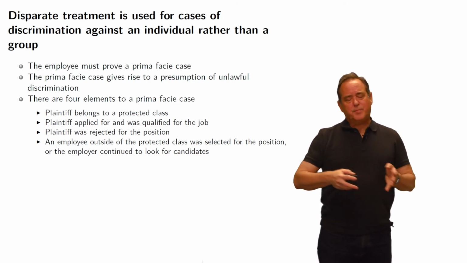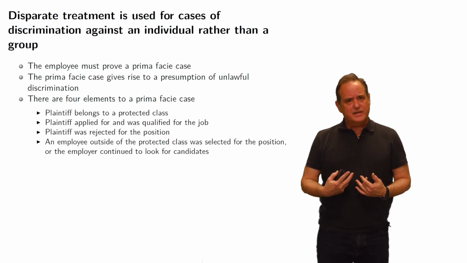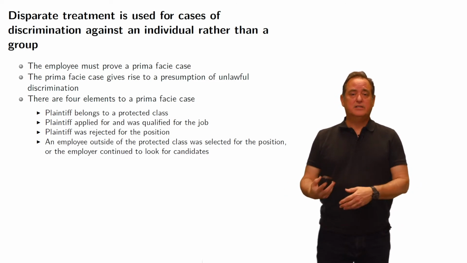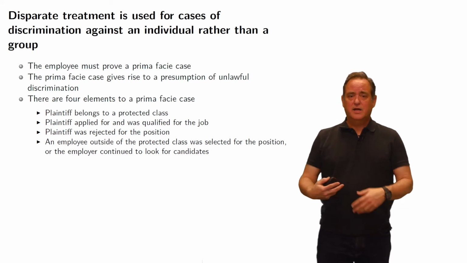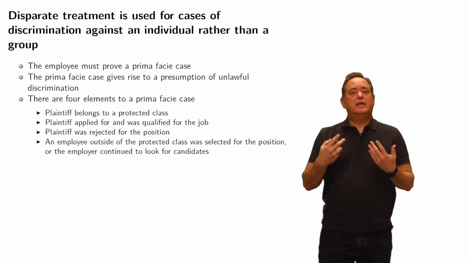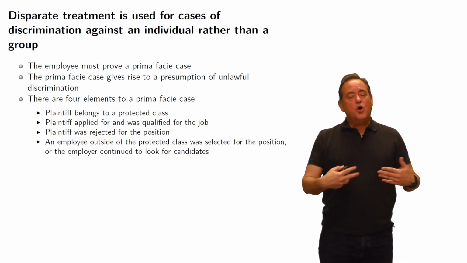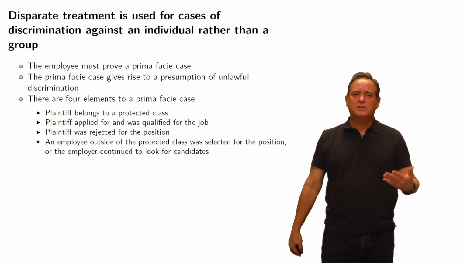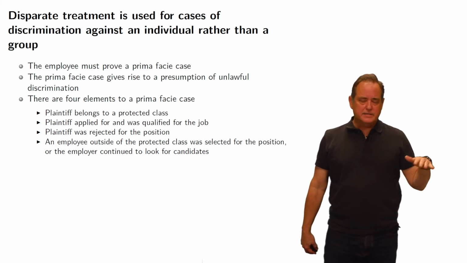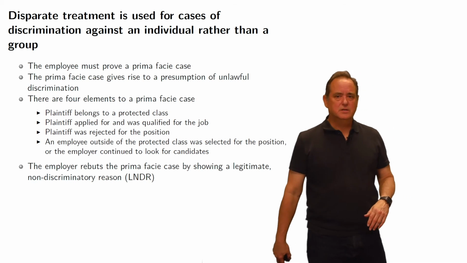All it means is that the burden is going to shift now to the defendant to say, no, I chose her because she had more experience. I chose her because she had a better attitude. I chose her because she had more education. In those cases, then, I can overcome that presumption of illegal discrimination. I can rebut the prima facie case.